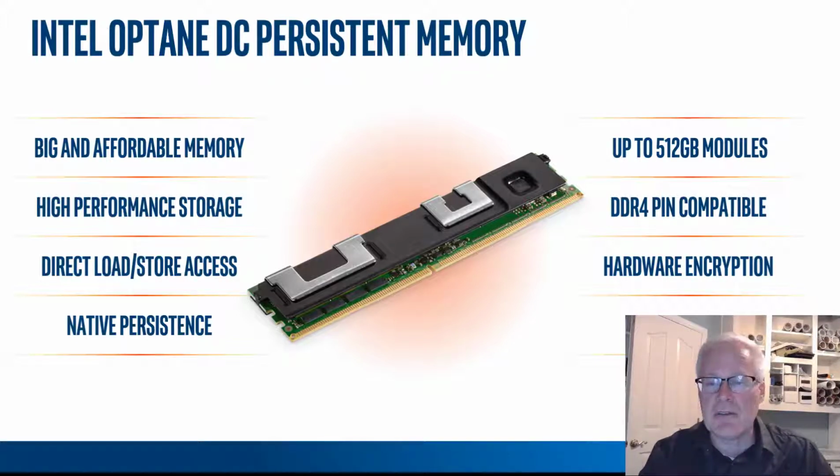It comes in 128, 256, and 512 gig persistent memory modules, so you can have a 2-socket system with as many cores as you can jam in there, and 6 terabytes of RAM effectively, which is pretty cool stuff. I actually have some of this in my lab, and I've been playing around with it for the last 3 or 4 months. It's amazing the sorts of things you can do with it.